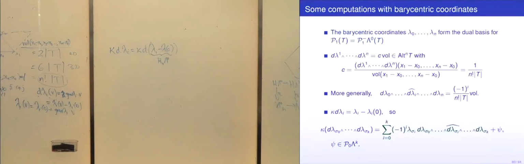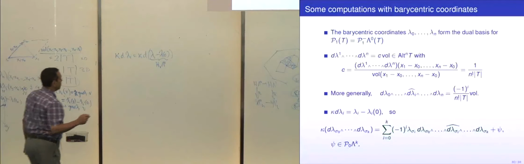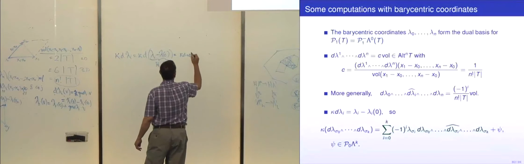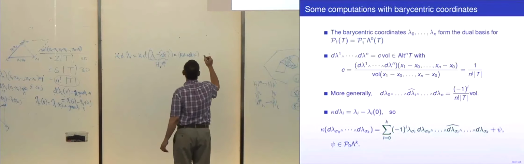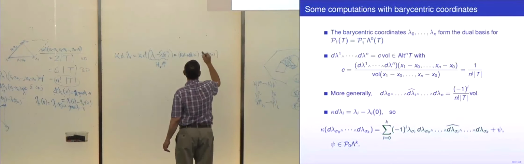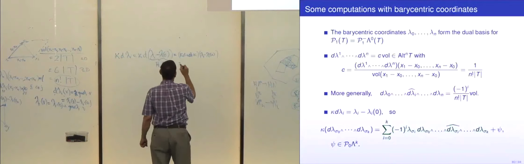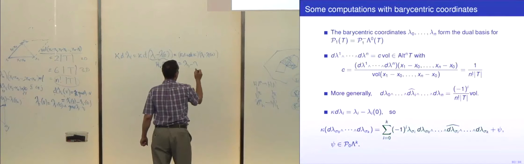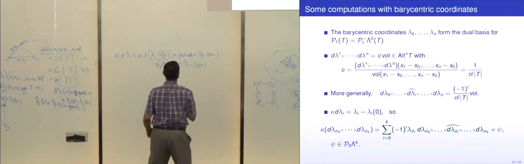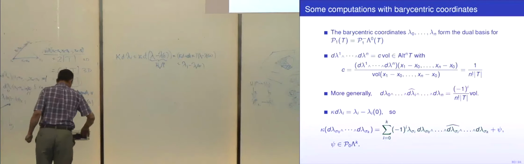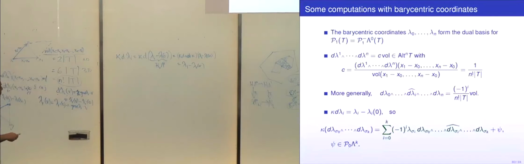And then we have the homotopy relation, because this is the same as kappa d plus d kappa, because we're at the end of the sequence, of lambda minus lambda 0, lambda of 0. And the homotopy relation, well, the sum of 1 and 0 is 1, so this is just lambda I minus lambda I of 0. So we use the homotopy relation there, or compute it from first principles.